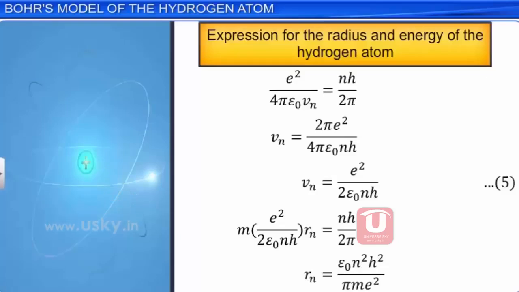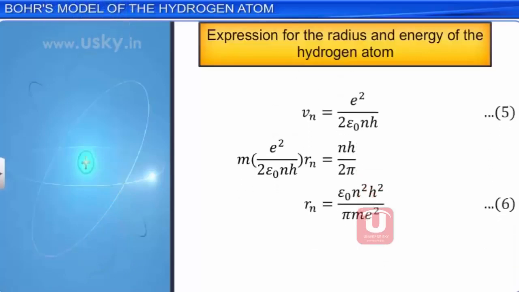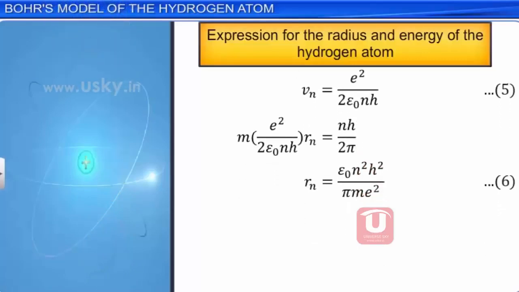By substituting n equal to 1 in the above equation, we get the radius of the innermost orbit, which is Bohr's orbit and is represented by a0. Given a0 is equal to epsilon naught h square by pi m e square.